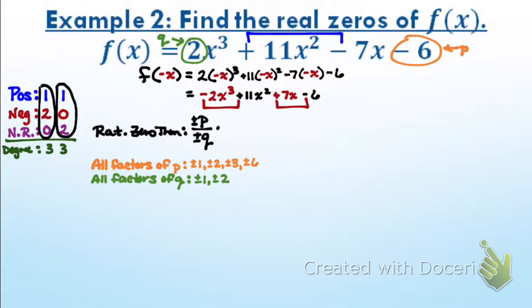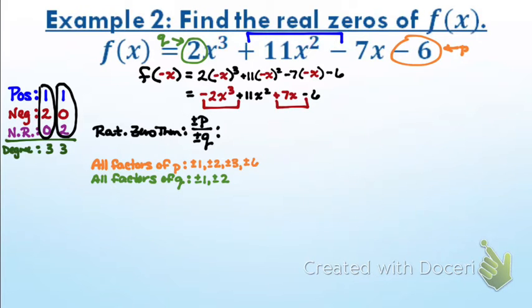So when I'm thinking about my rational zero theorem, initially it looks like I'm going to have to try how many options? I have how many p's? Technically 8. I'm looking at them in pairs though, so I've got plus and minus on this, but yes.